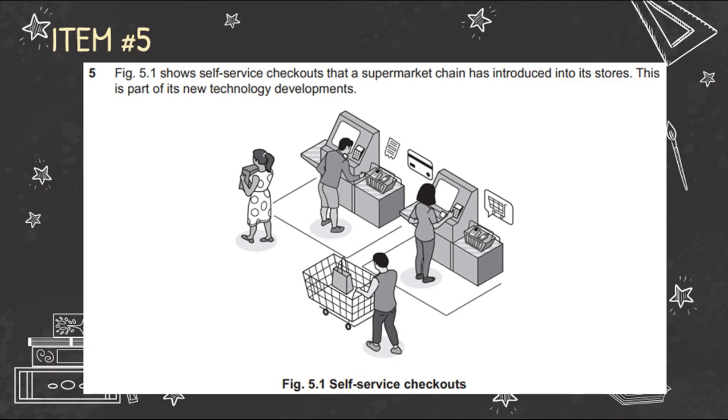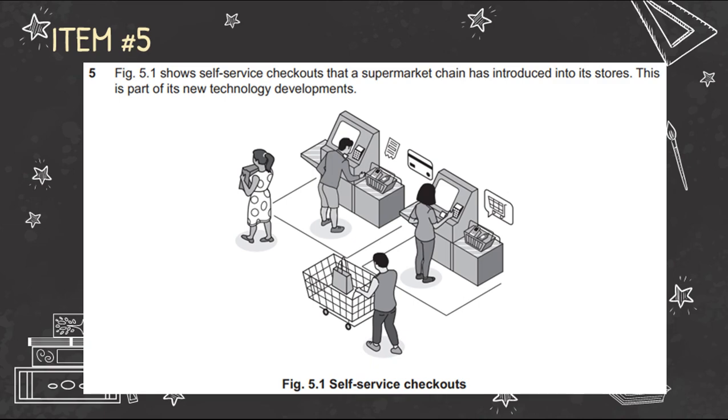So these are the machines. Self-service checkouts are machines that provide a mechanism for the customers to complete their own transaction from a retailer without needing a traditional staff checkout. So it's self-service. You don't need to use a staff member to complete the transaction.